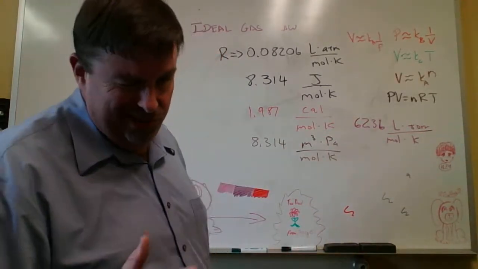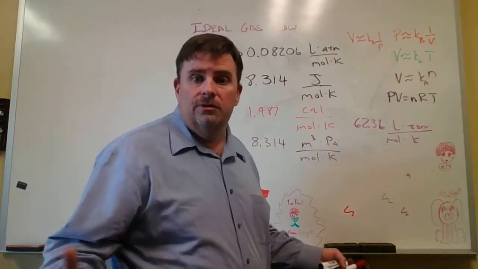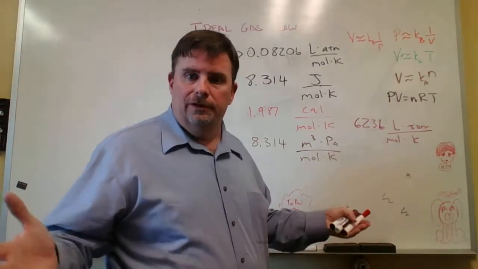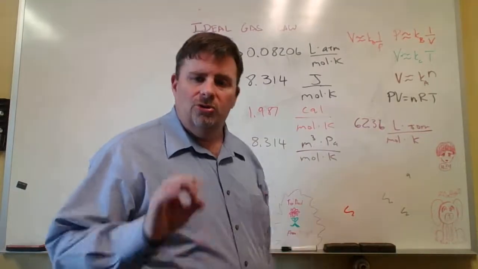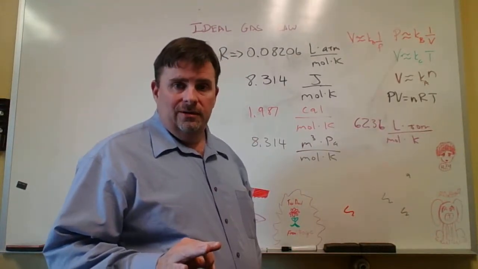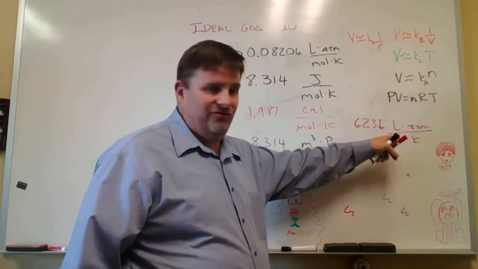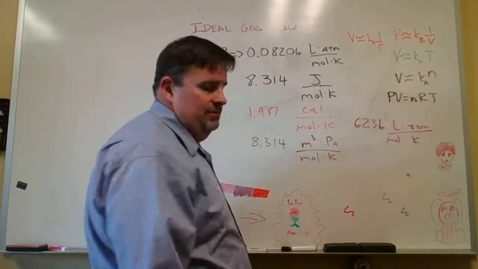Here, meters cubed is volume and pascal is pressure, PV equals nRT. Over here, liters times torr. Torr is a measurement of pressure, so pressure times volume, same thing. And these two are energetics.